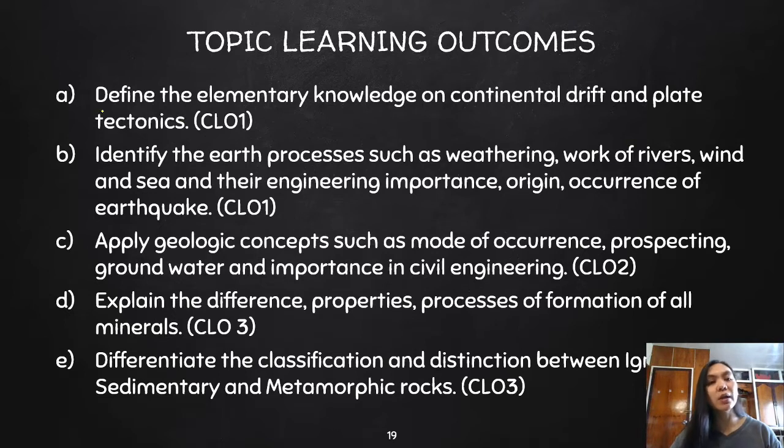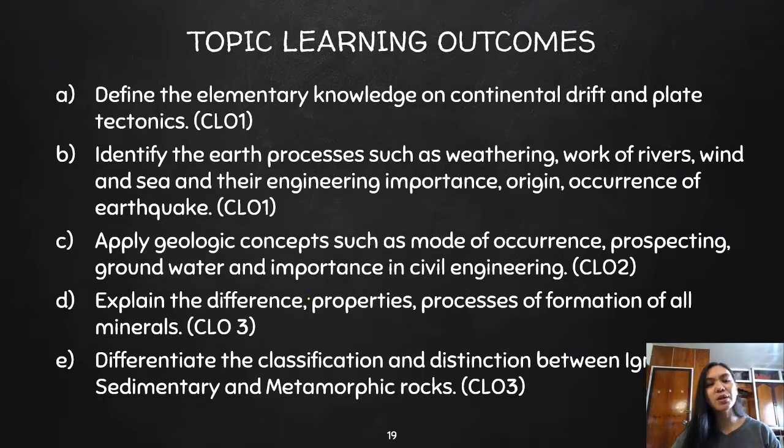You have your TLO letter A, define the elementary knowledge on continental drift and plate tectonics, achieving your CLO number one. TLO B is identify the earth processes such as weathering, work of rivers, wind and sea and their engineering importance, origin, and occurrence of earthquake, achieving your CLO number one.